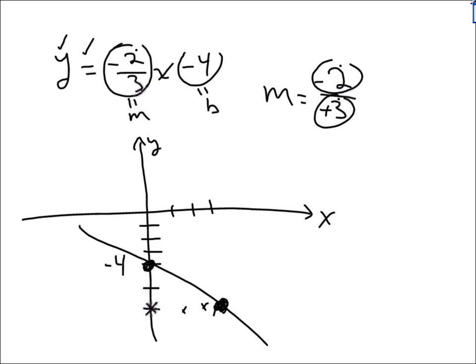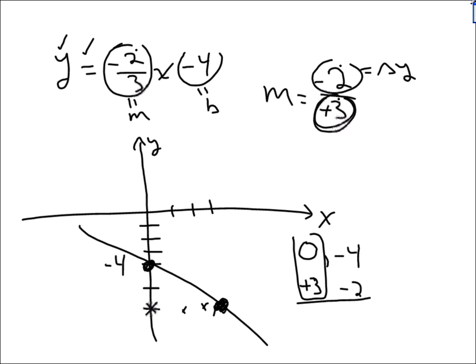What you could do is, you can take the point that you know, the y-intercept, and for the change in y, you take away 2 from the y value, and the change in x is 3, so you add 3 to the x value. 0 plus 3 is 3. -4 minus 2 is -6.